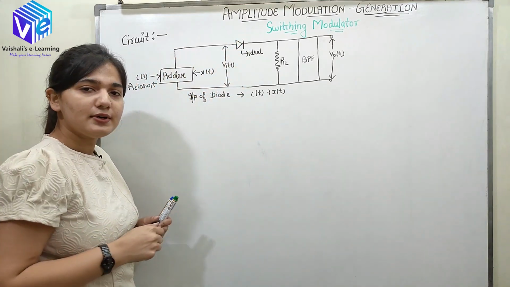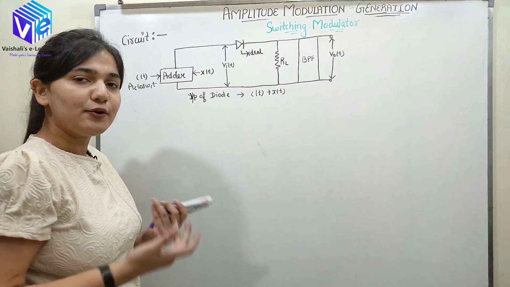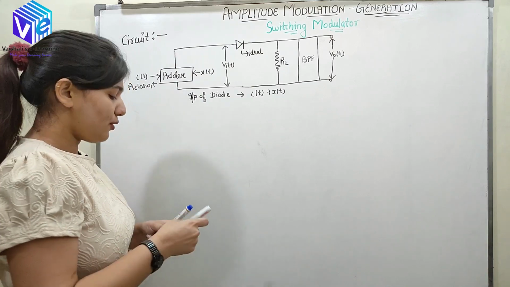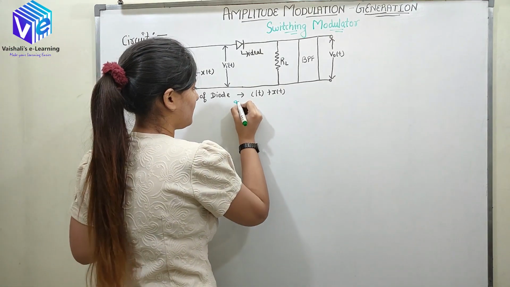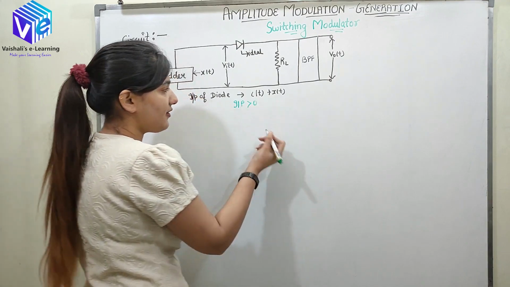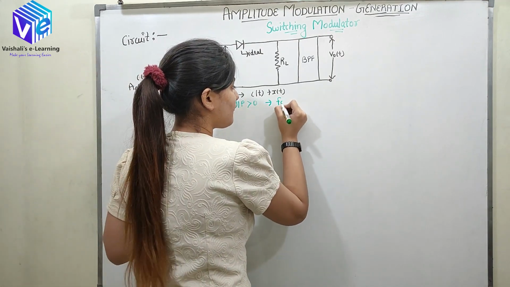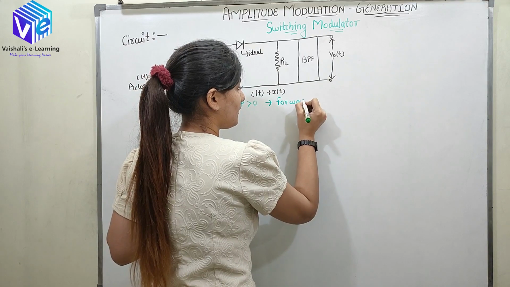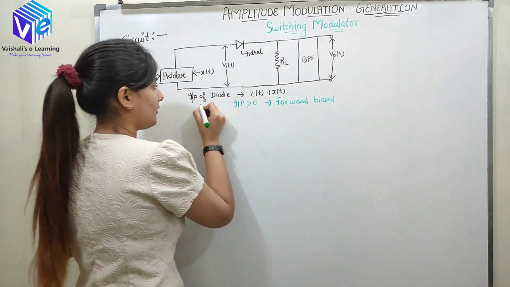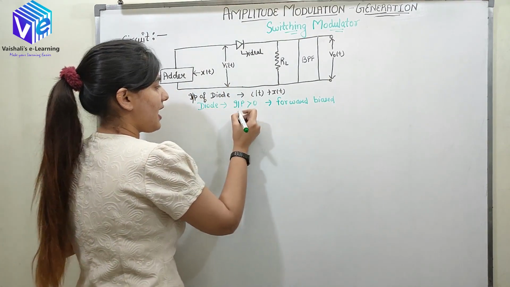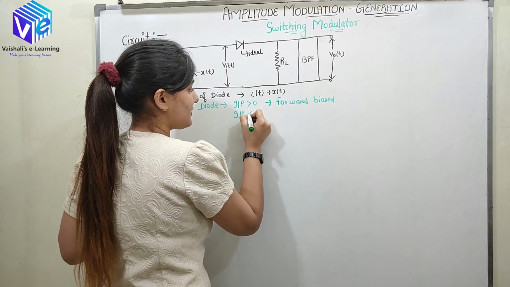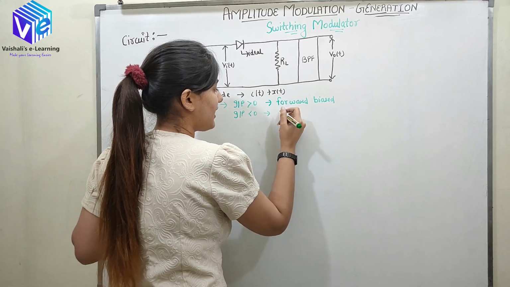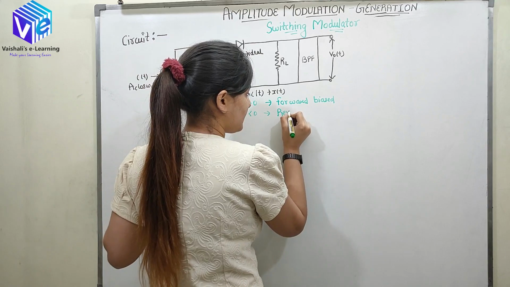Now the diode is an ideal diode, so it works as a switch. If the input is positive, then the diode is forward biased, and if the input is less than 0, it is negative, and the diode is reverse biased.